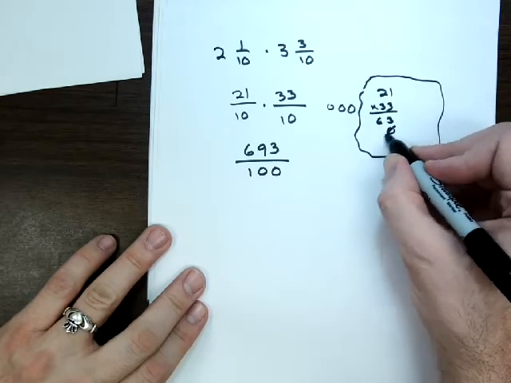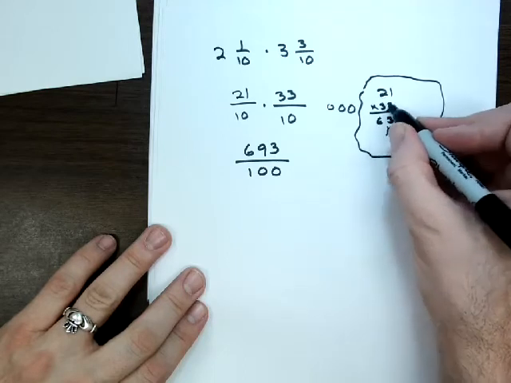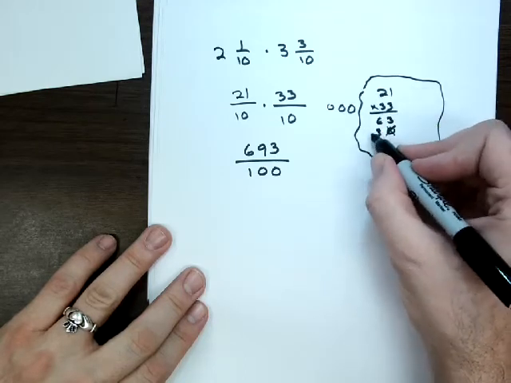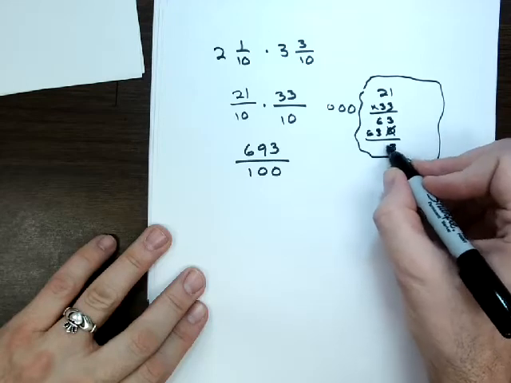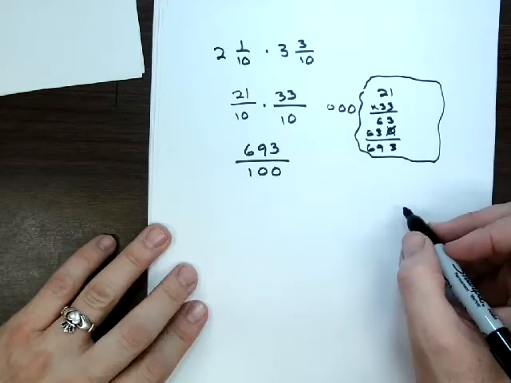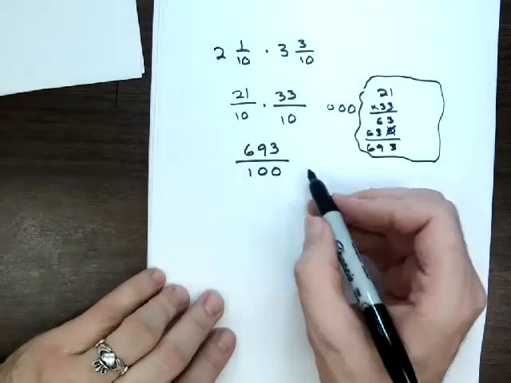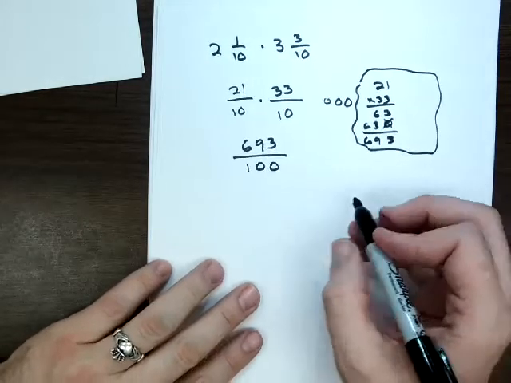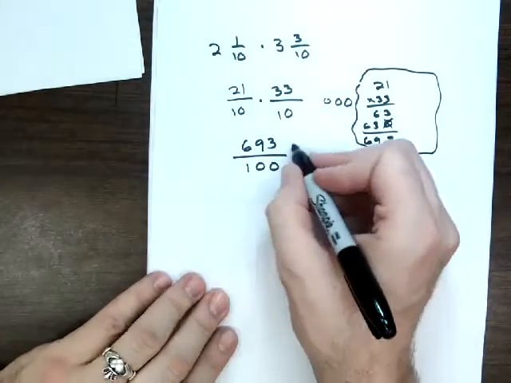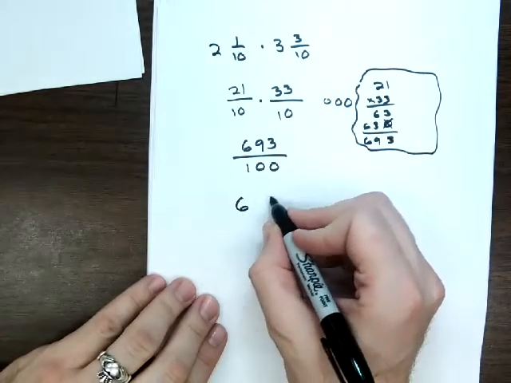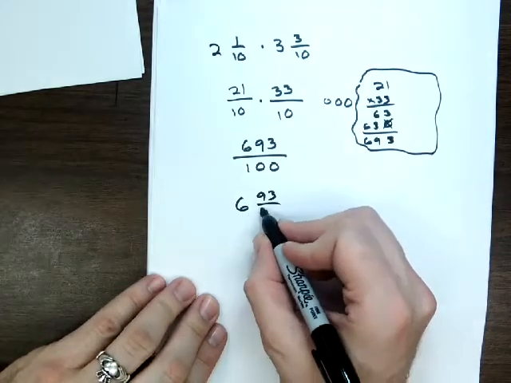And we've got to have that placeholder there. There's that 3 times 1 is 3. 3 times 2 is 6 again. So 3, 9, 6. Okay, now I've got 693 over 100. We're going to convert that to a mixed number again. So this is going to be 6 and 93/100ths.